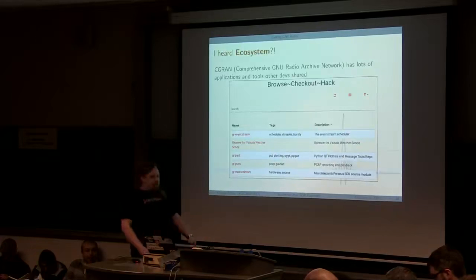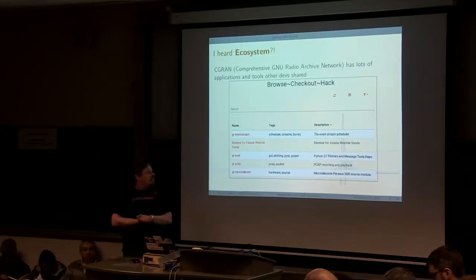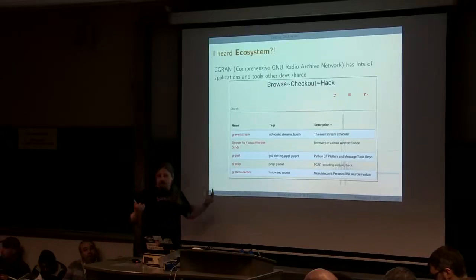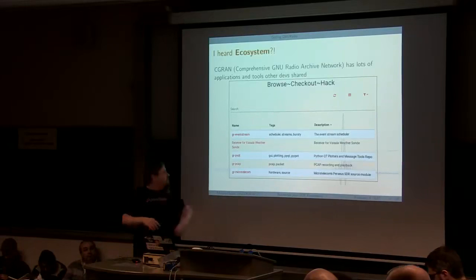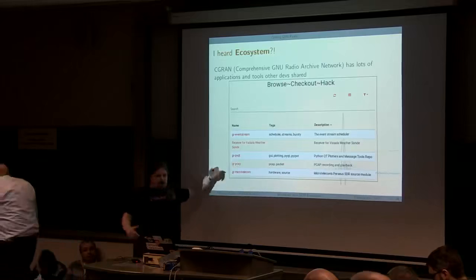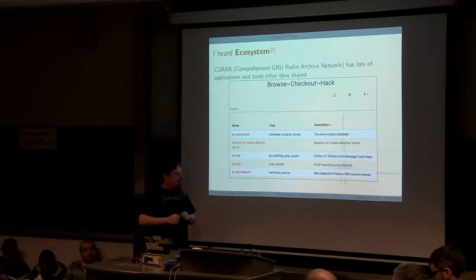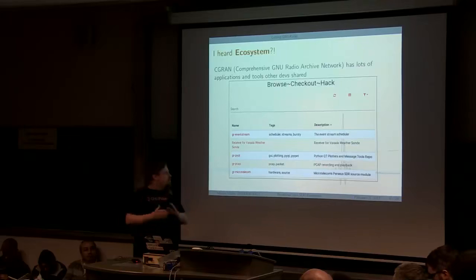But I mentioned that it is an ecosystem, and Ben mentioned that in his intro. We have CGRAN, and there are a lot of out-of-tree modules, or a lot of applications that people develop, that are already easily available. You can just install them by saying PyBombs install whatever, PyPCAP, and then you suddenly have an interface for capturing packets with Wireshark in GNU Radio.